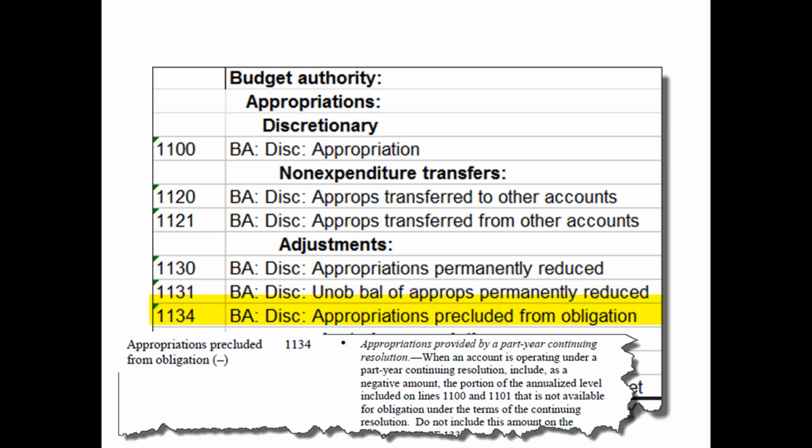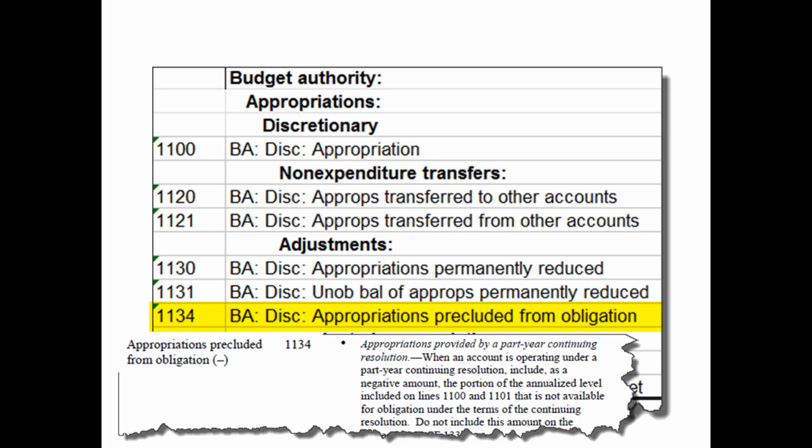Line 1134, Appropriations Precluded from Obligation, is primarily used to identify appropriations provided by a part-year continuing resolution. The instructions say to include, as a negative amount, the portion of the annualized level included on line 1100 that is not available for obligation under the terms of the continuing resolution.